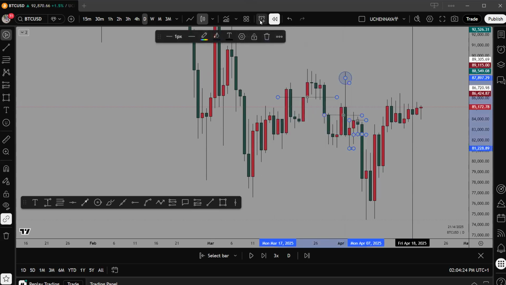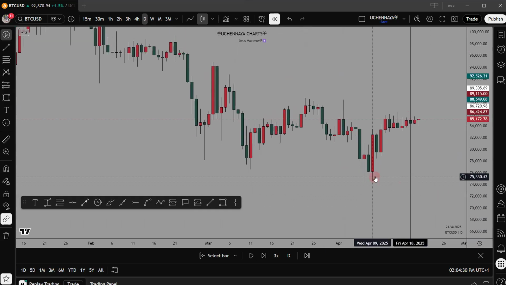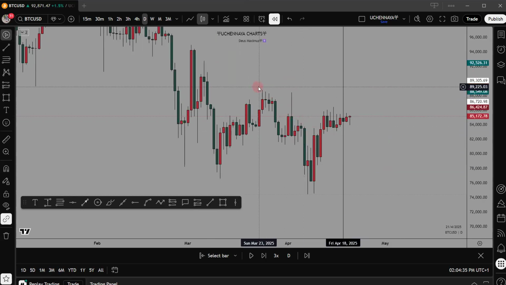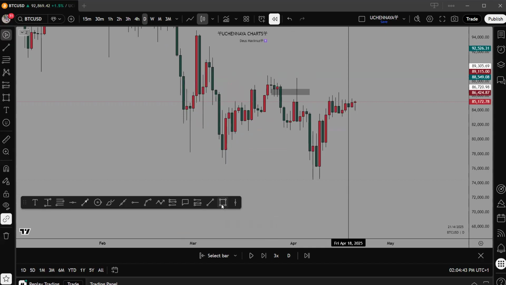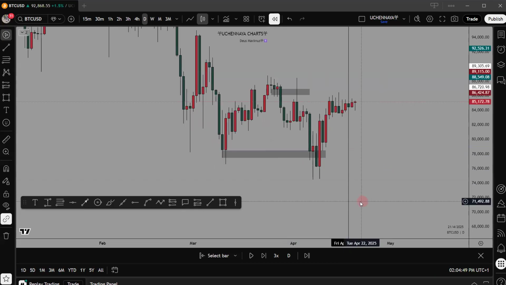When you talk about weekly storylines, it means you are actually targeting a weekly obstacle. Okay. If you are selling from a weekly level, your target should be a weekly level. That's why I told you guys, support and resistance, MSNR is just about price moving from a support to a resistance level, or from a resistance level to a support level. Okay.